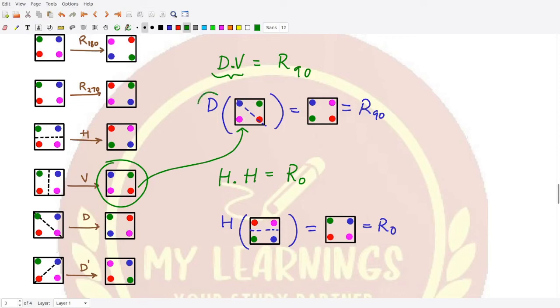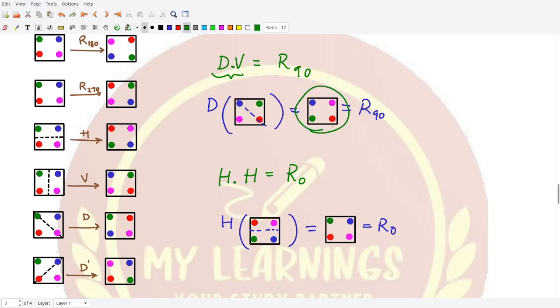Now we have to apply the operation of D onto it. When you apply D, we have to flip it across the main diagonal. For that, we first draw this main diagonal like this, and then flip it across the main diagonal. So this pink color would go to the place of green, and this green one would go in the place of pink, and blue and red would be kept as such. So you have this as the result.